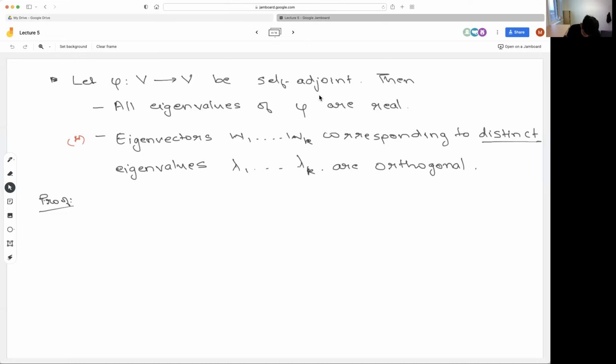So let's say we start with Wi and Wj with i not equal to j. So they're eigenvectors corresponding to distinct eigenvalues. And now let's see what happens when we apply the definition of self-adjointness. Self-adjointness tells us the inner product of Wi with phi of Wj is equal to the inner product of phi of Wi with Wj.